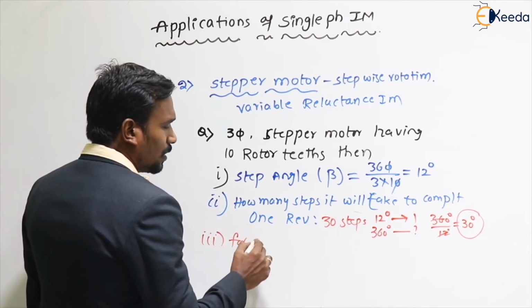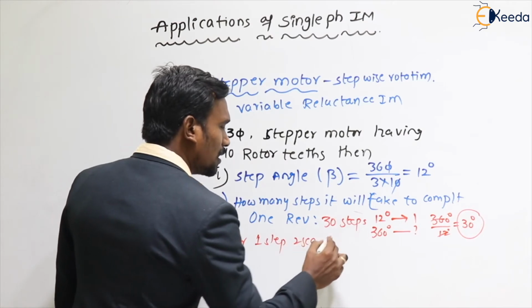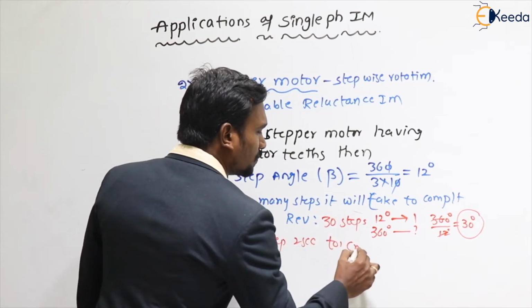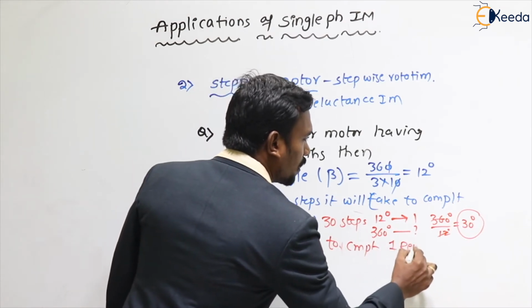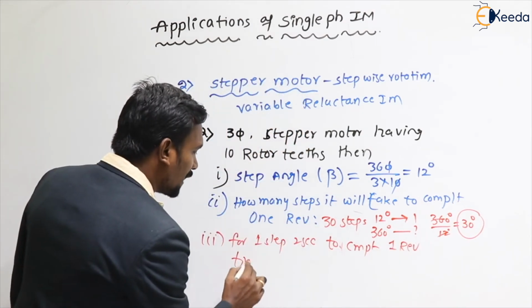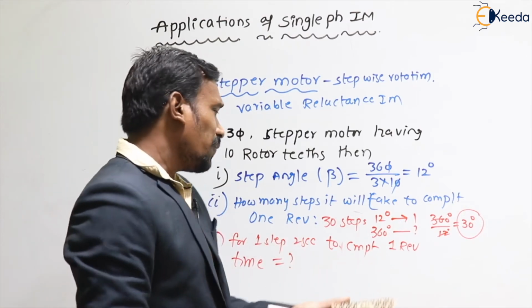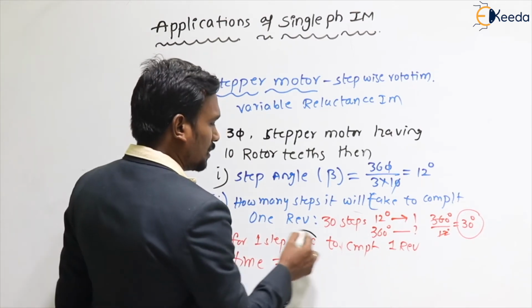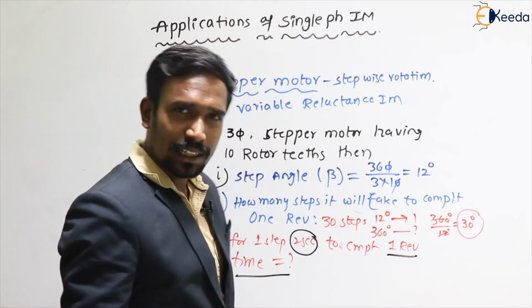Next, they will ask you the next question. For one step 2 seconds, to complete one revolution, the time taken by the rotor is what they asked. To complete one revolution, how much time will it take?